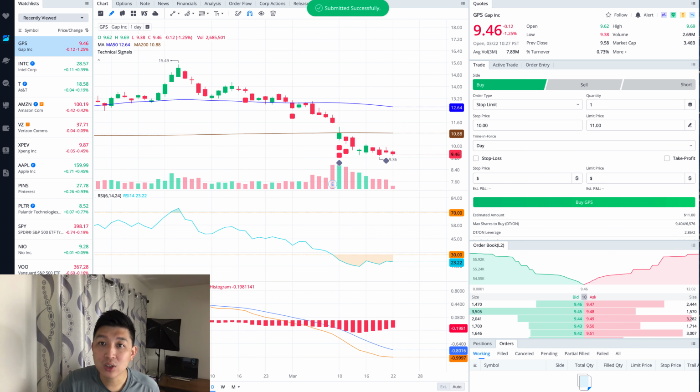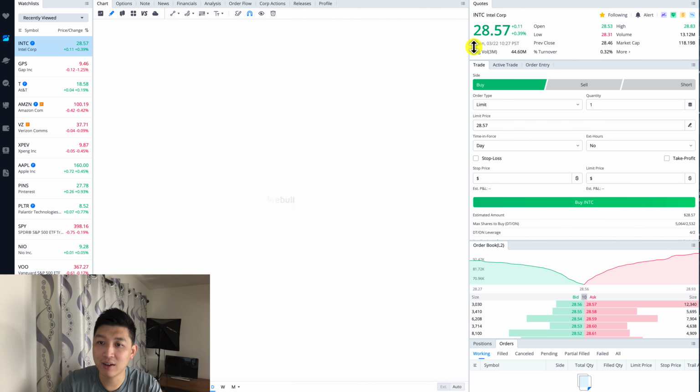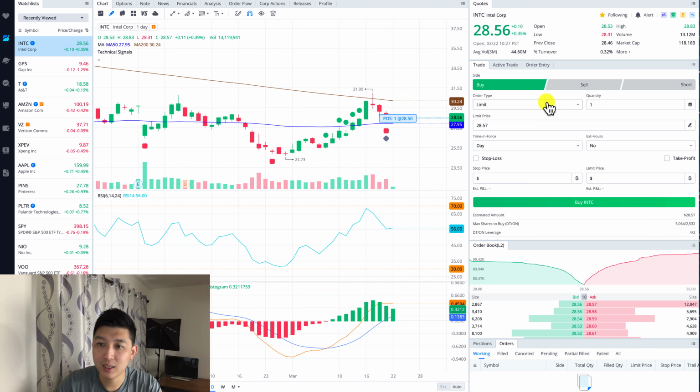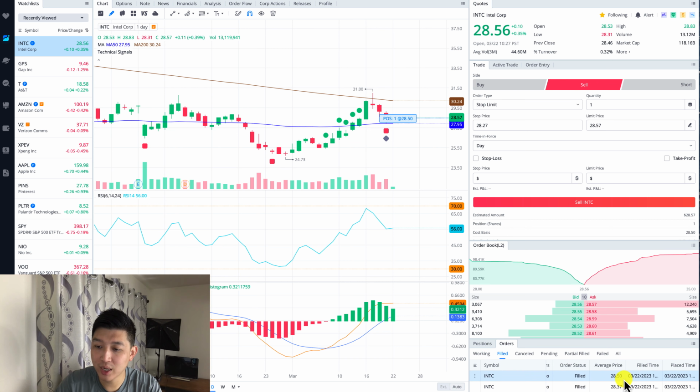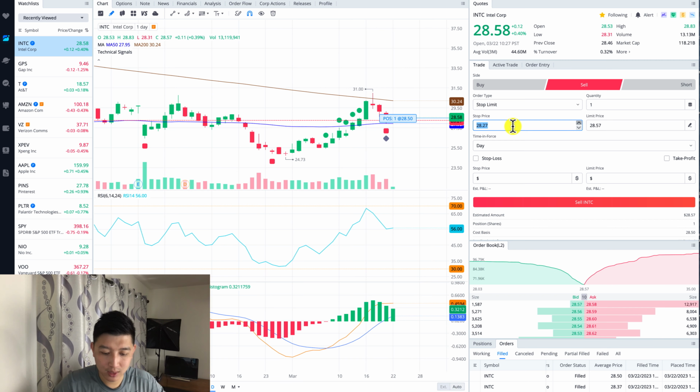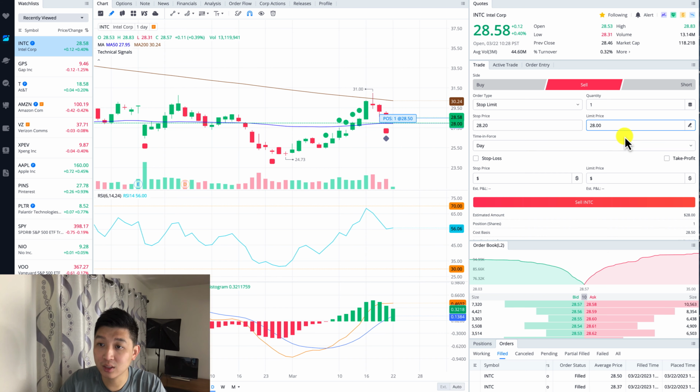So now let's go back to Intel, which I have a stop limit over here. I have a sell. Remember, Intel right over here is 28.50. If I were to set this stop price at 28.20, that triggers it, and the limit price, so don't go below that price, will be $28.